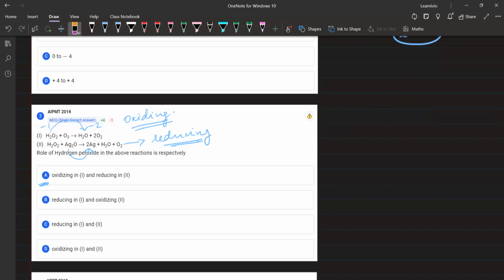This is oxidizing. Here it is oxidizing and here it is reducing.